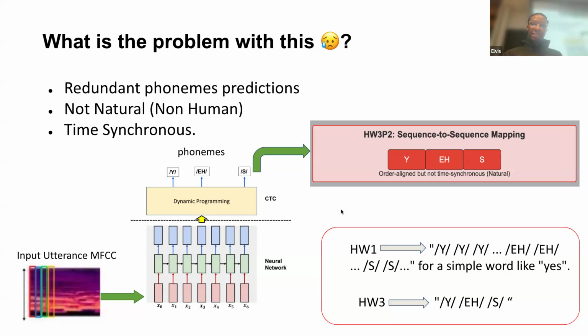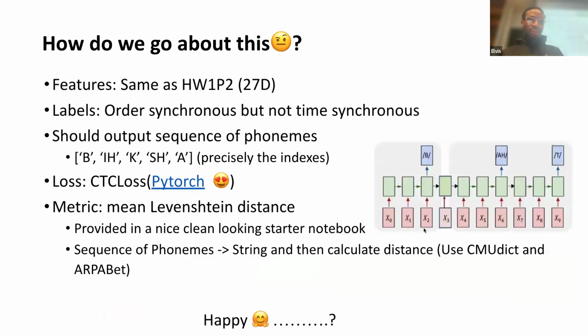So for example, if I said "yes," and we had used the approach from the first homework, you would have a prediction with lots of Y's and E's and S's, which is not supposed to be the case. Rather, if you use much more advanced sequential modeling, you have a prediction which looks like this. So this is basically the objective of this homework.